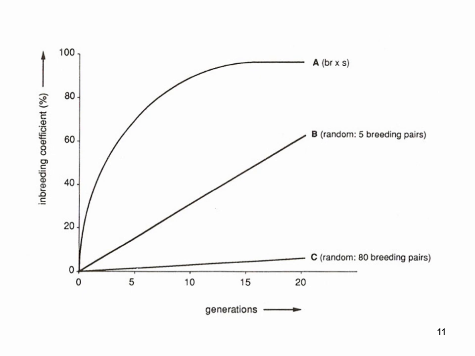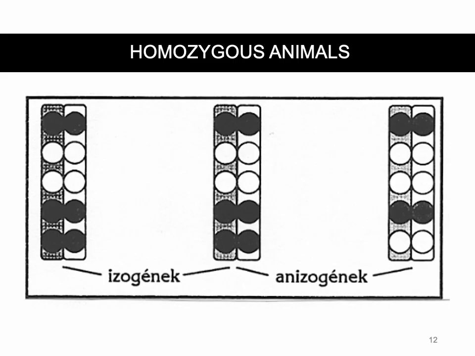So this is the basics, and here you see the symbols of the chromosomes of inbred animals.